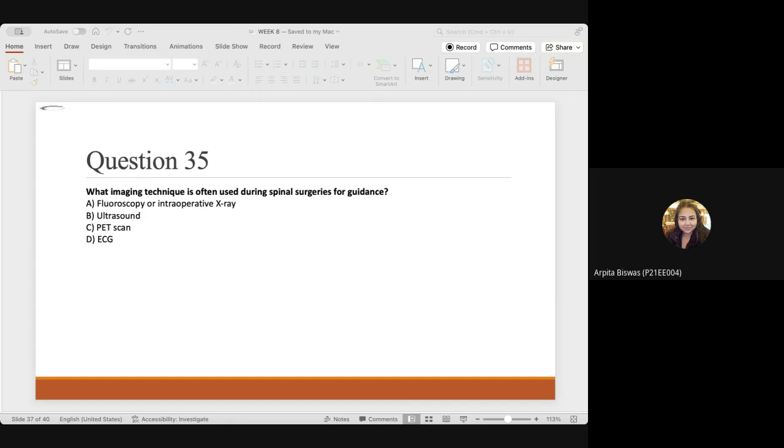So, what is the right option? Question number 35, the right option is option A, fluoroscopy and intraoperative X-ray.